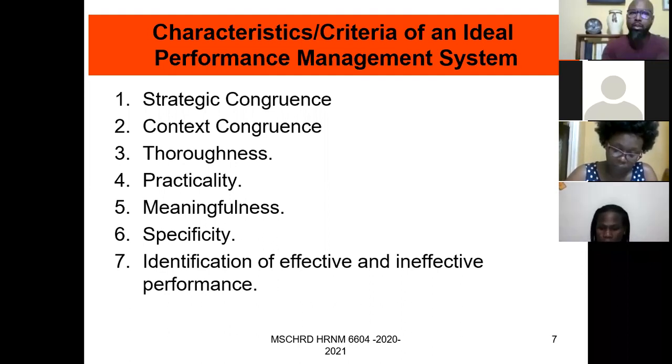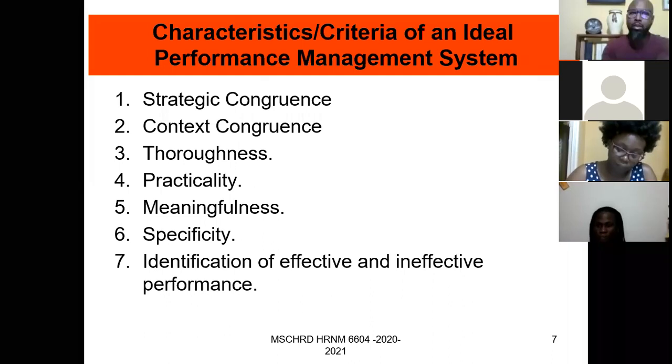So remember when we looked the last time at the 6 main purposes, one of the chief purposes was that the system must be strategic. So here we are again saying that it's pointless if you have a system that cannot measure the goals of the organization. So when we write objectives for persons in terms of what the performance is that is expected, the system must have a way to measure it.